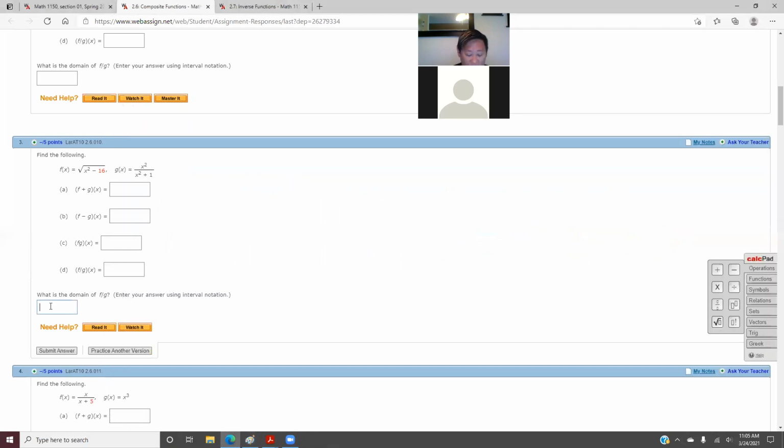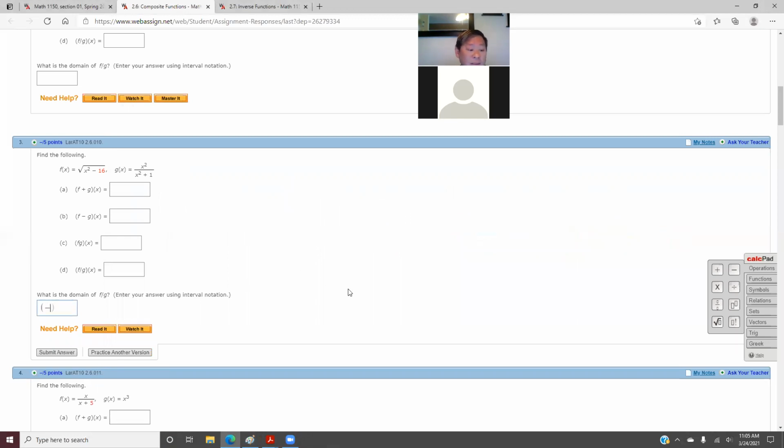So how you type it is parentheses, negative infinity, and then negative 4 with a bracket. And then you have a union. The union comes under set. You see a U symbol here. Yep. And then bracket 4 to infinity.